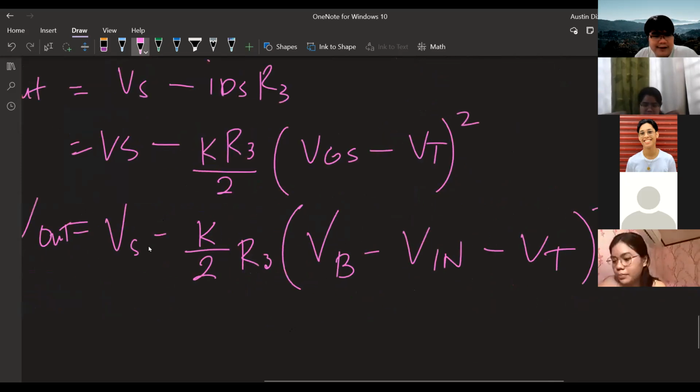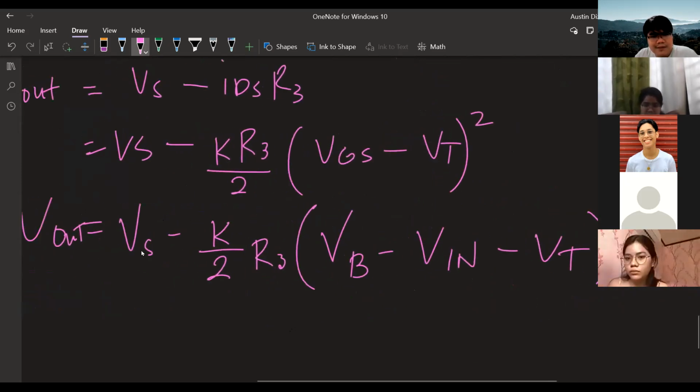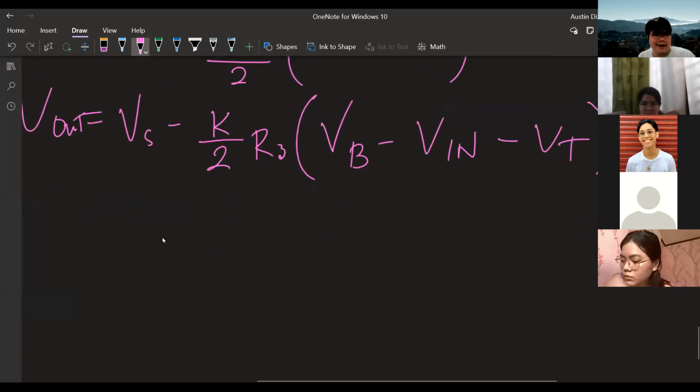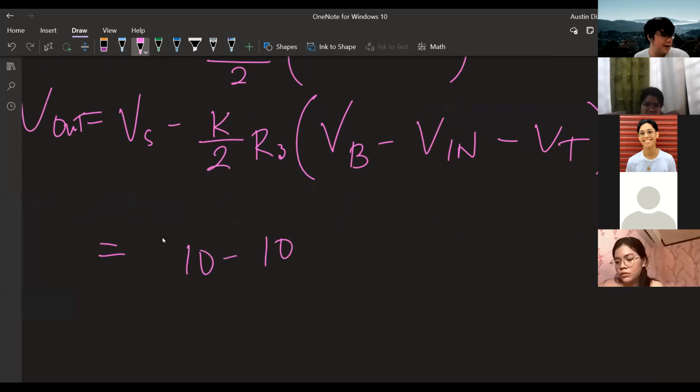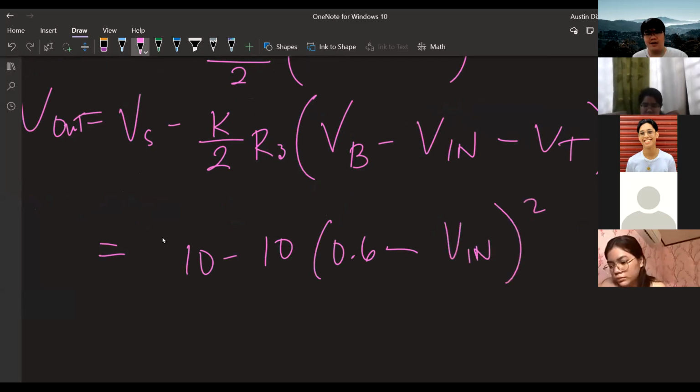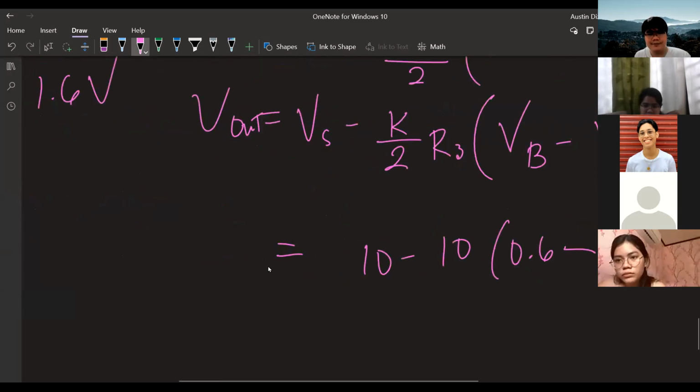Okay, so we have this relation. If we are to plug in the values that we have, this would result to 10 minus 10 times 0.6 minus Vin squared.